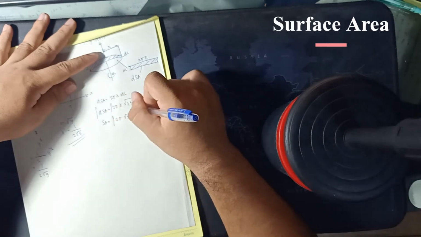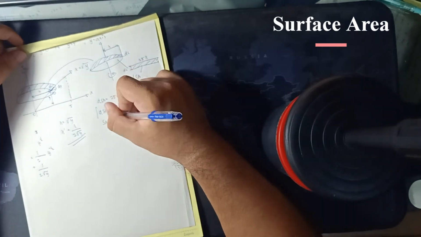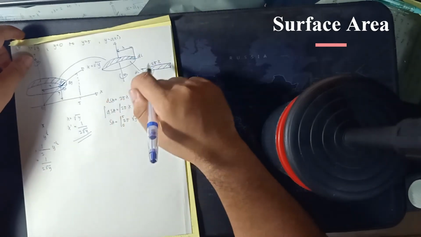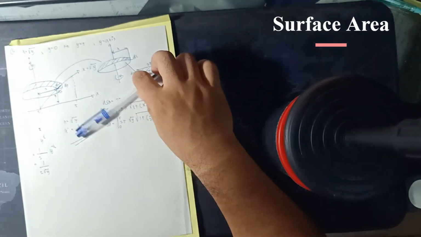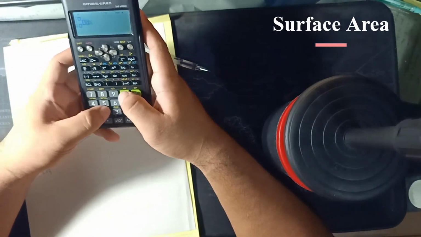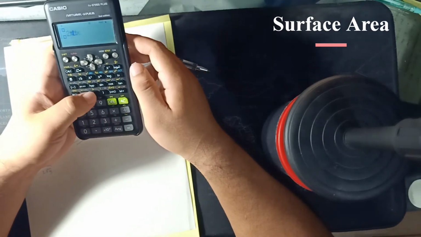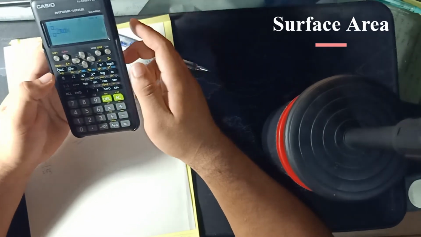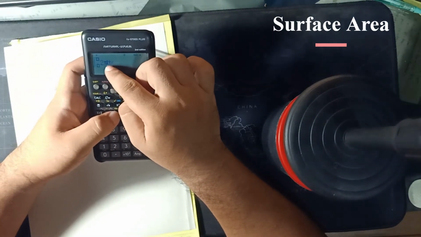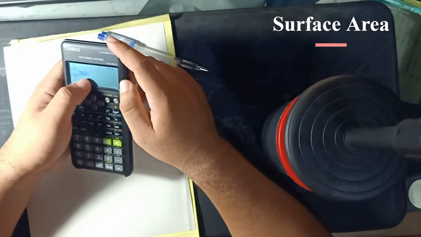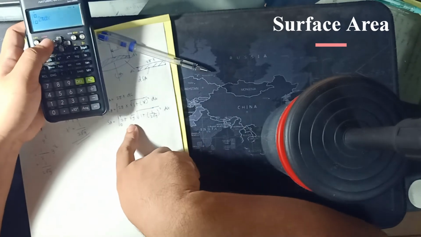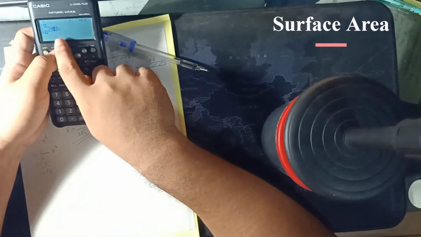Now from this point, don't forget the limits, from 0 to 5. You can input that in your calculator. So the integral of 2 pi square root of y. Because the calculator is programmed only for dx, we will pretend that y is x here.